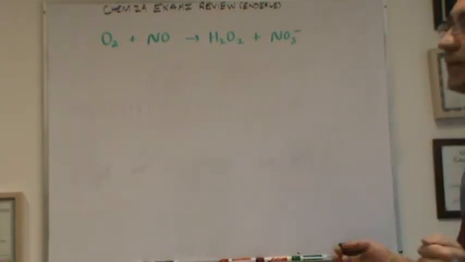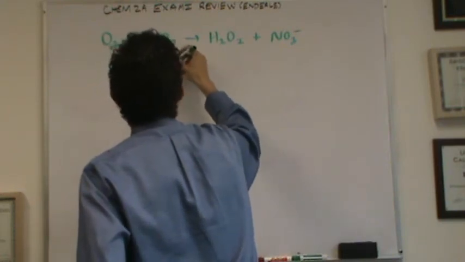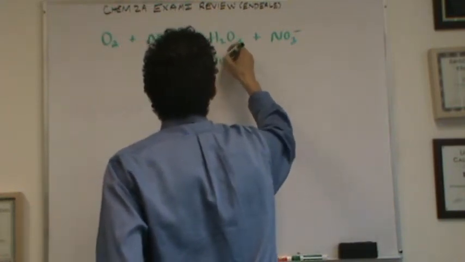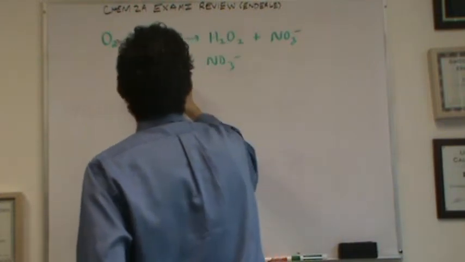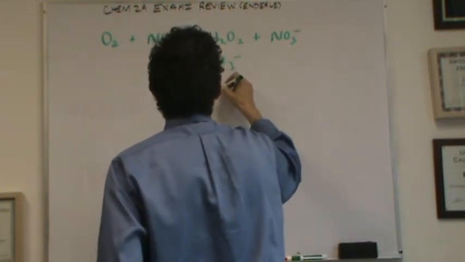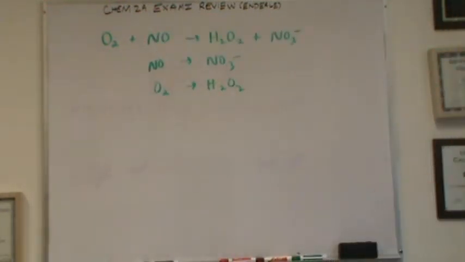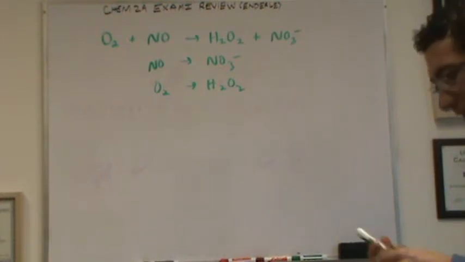So you want to split out likes with likes first. You see there's nitrogen, so NO goes to NO3 minus, and then O2 goes to H2O2. I'm putting the oxygens together that are not with the nitrogens, and then the nitrogens together. Now we can double check the charges.